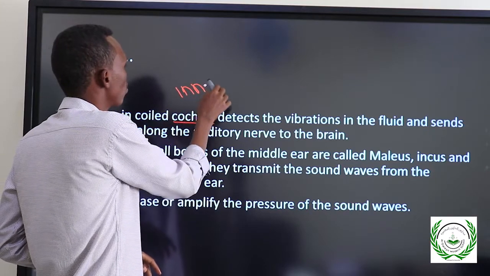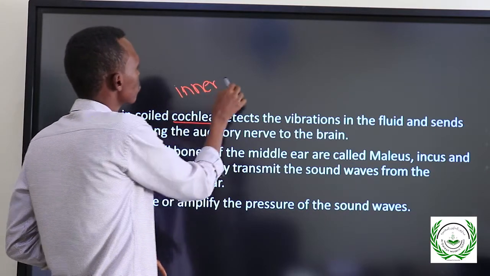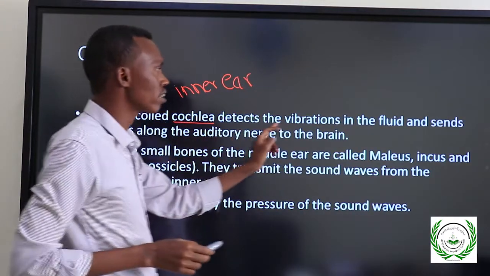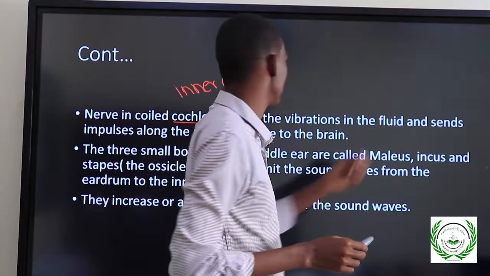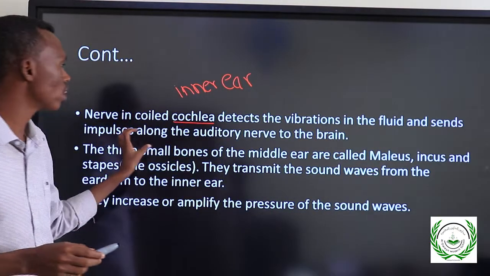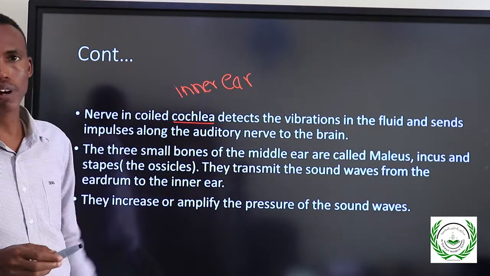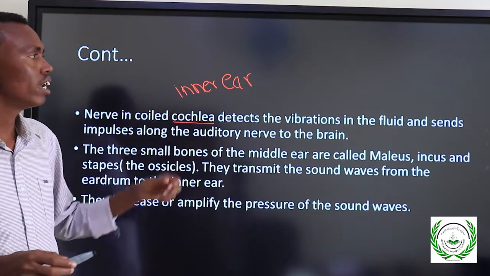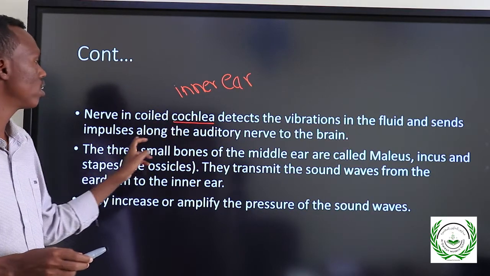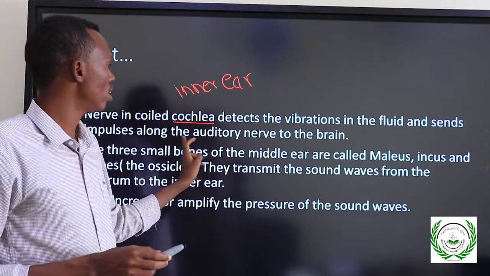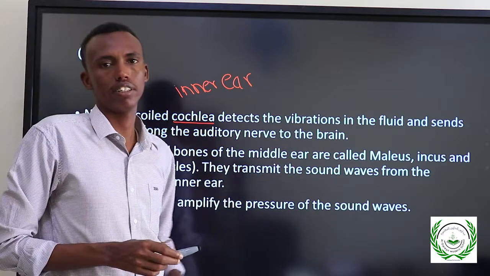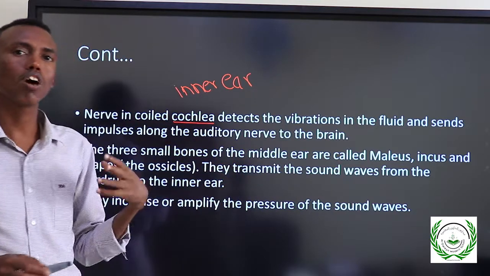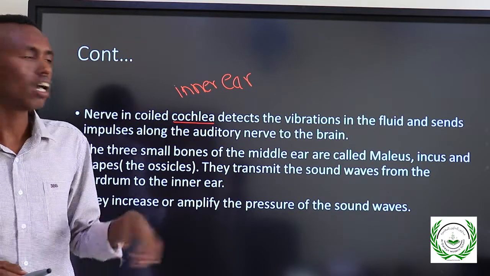The cochlea detects the vibrations in the fluid and sends impulses along the auditory nerve to the brain. So when the cochlea receives the vibration, it sends it to the brain along the auditory nerve, a nerve passage.